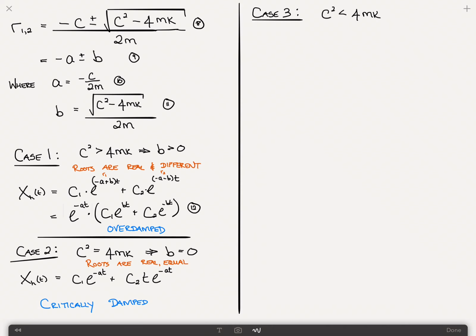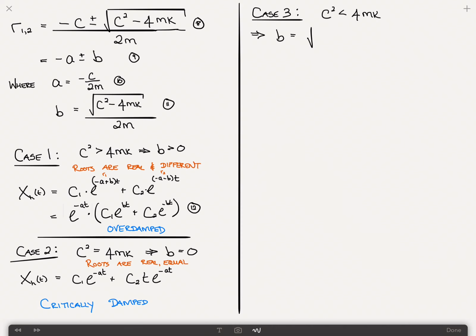Okay. This implies that b, let me do this here where I've got more space. So this implies that b is equal to the square root of, how do I want to write this?